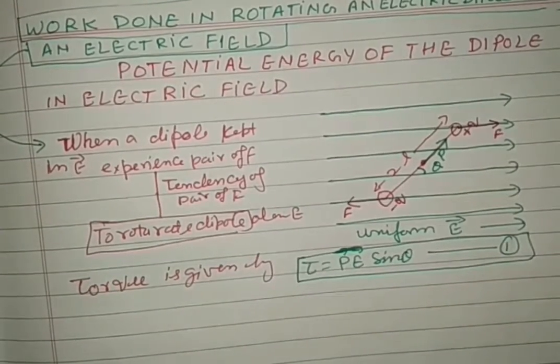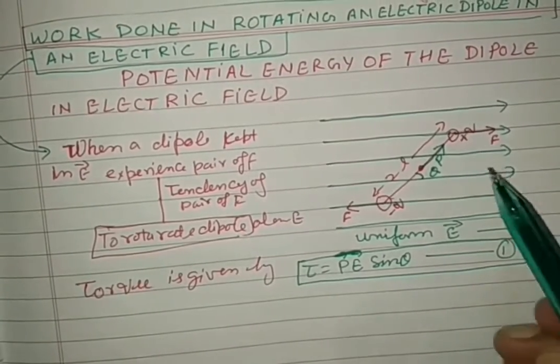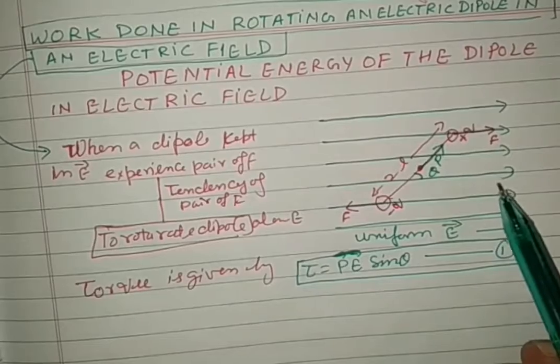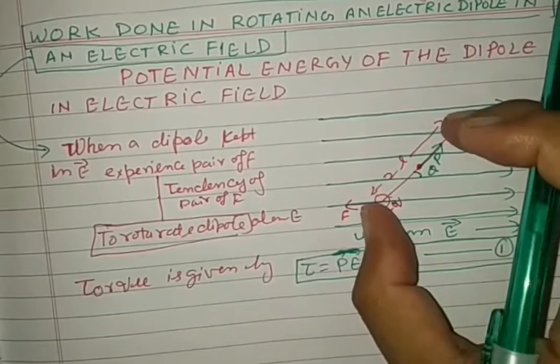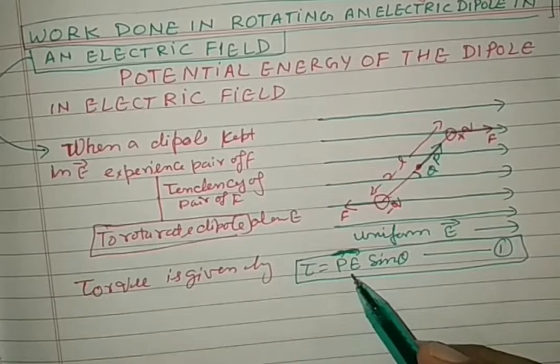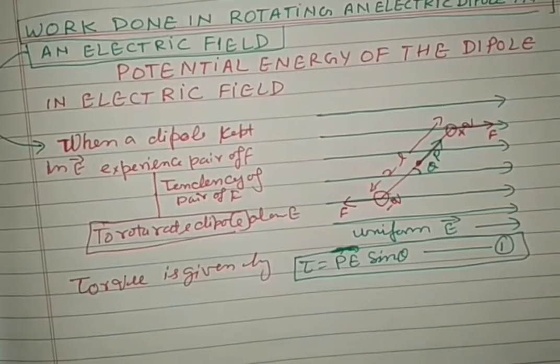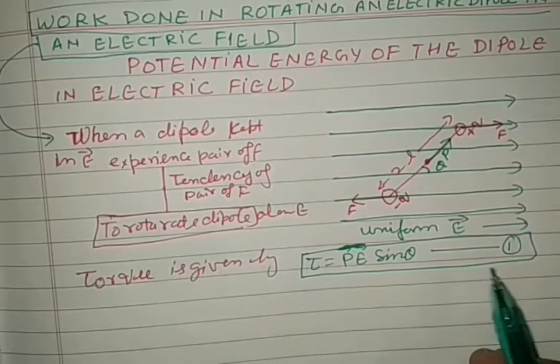Is that clear? Dipole is kept in electric field, so pair of forces act on it, and the tendency of this pair of forces is to rotate the dipole along E.